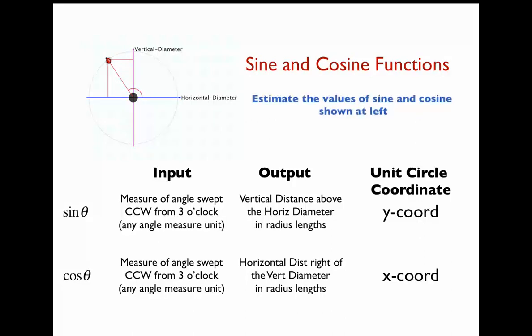Okay, and then just as a quick, all right, so let's do these. So go ahead, everyone. Let me draw this here. So go ahead and estimate sine and cosine for the current position of the bug. Estimate sine and cosine using the definition, right?